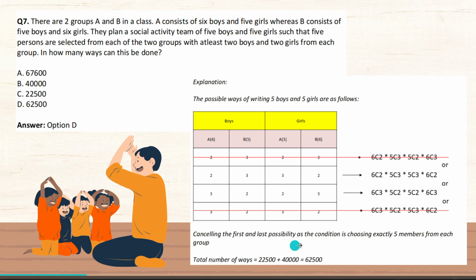Cancelling the first and last possibilities, as the condition is choosing exactly 5 members from each group, the total number of ways is 62500. This is the correct option. I hope you got this answer. So option D is the correct one. This was the 7th question. Going into the 8th question.